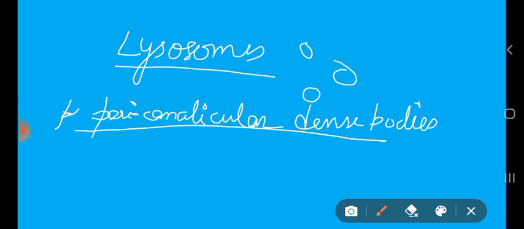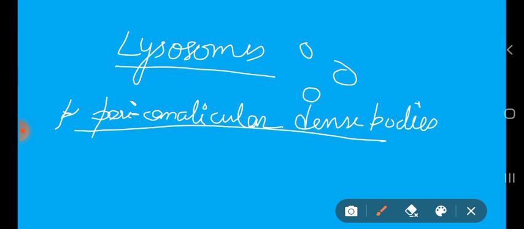Such a term identifies the location of the lysosomes, not the function. So the function of lysosomes was not actually discovered at that time.